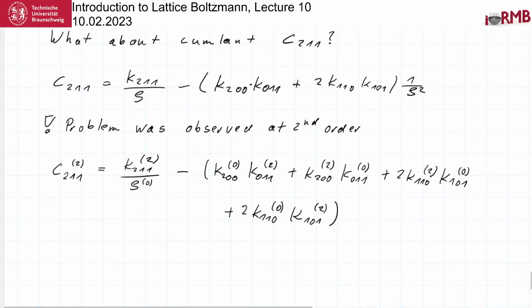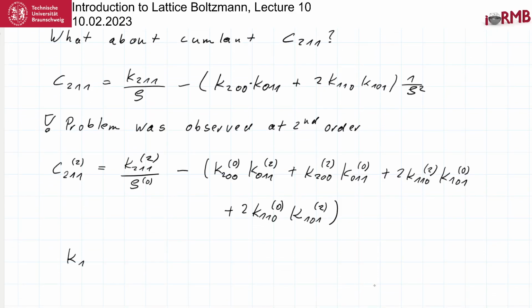Okay, now what are these 0 order moments? So the 0 order moments, this would be their equilibrium, and their equilibrium would be 0. So this guy is 0, right?